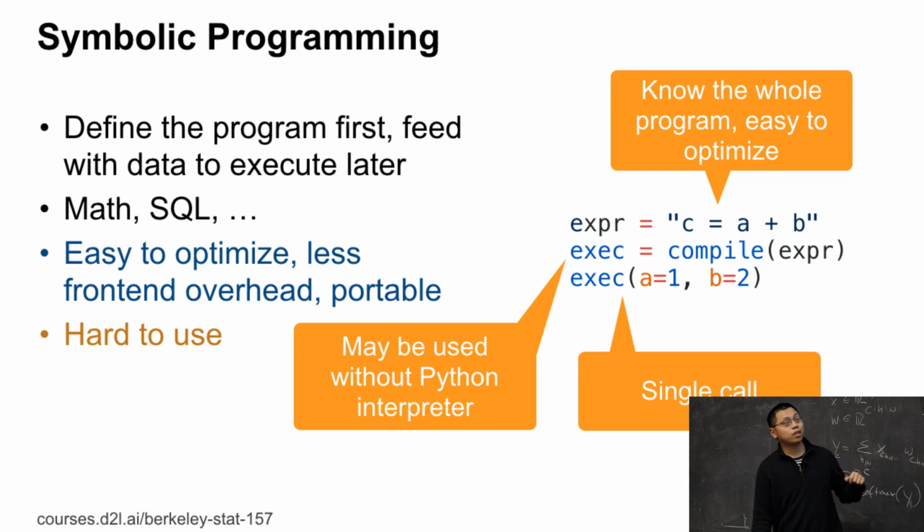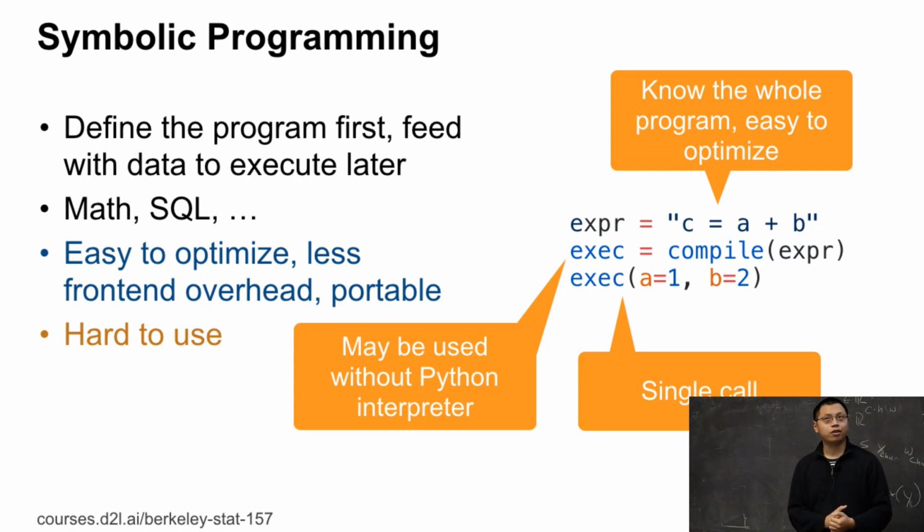We first write a string expression, C equals A plus B, and then we compile this expression to get executable objects, and then we give data A and B values and evaluate. The problem here is that people don't like this way to program because it's pretty hard to use, and it's hard to debug and print.